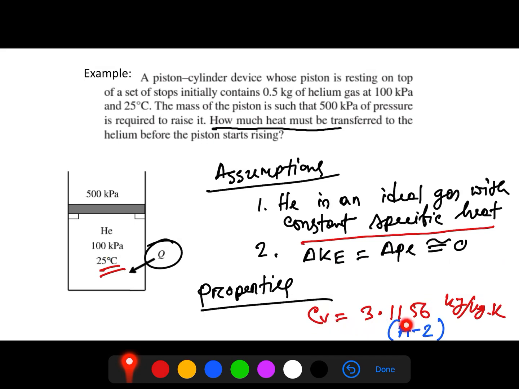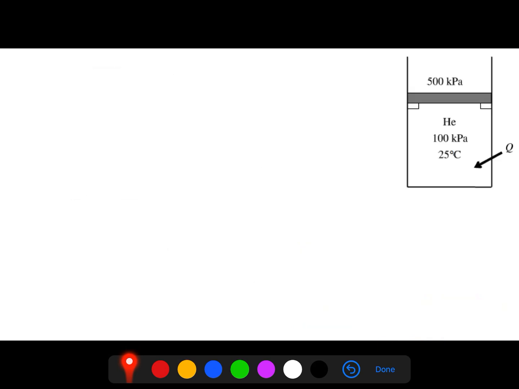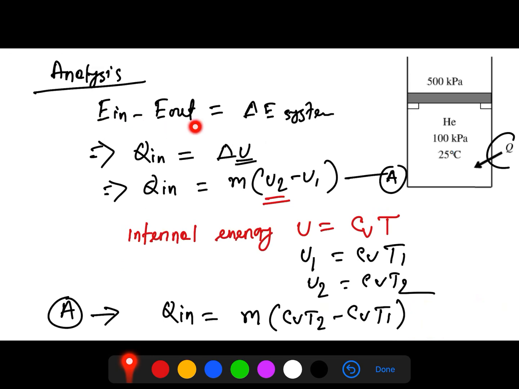So CV from the appendix table A2, we got this, and now we know from the energy balance equation that we are applying only this energy in, which is equal to the change in internal energy. We wrote down delta U equals U2 minus U1, the difference.